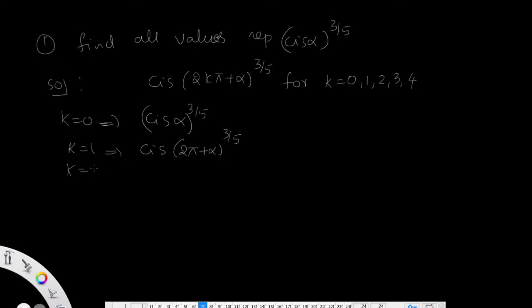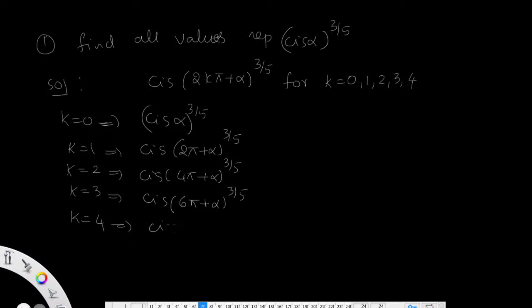And k equals 2 means cis of (4 pi plus alpha) whole to the power of 3 by 5. And k equals 3 means cis of (6 pi plus alpha) whole to the power of 3 by 5. And the last root is k equals 4: cis of (8 pi plus alpha) whole to the power of 3 by 5. These are the roots of the equation.